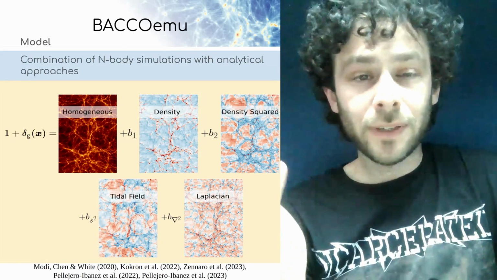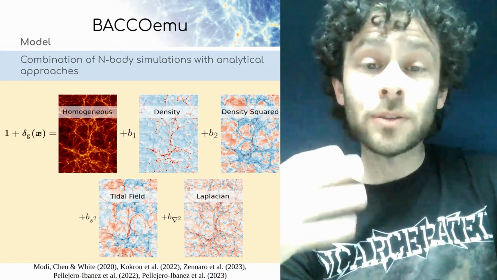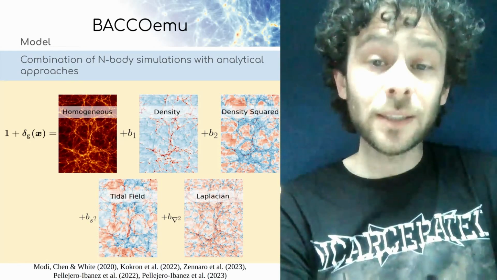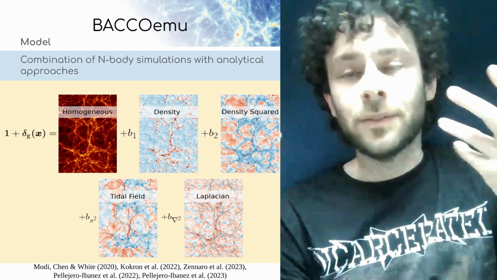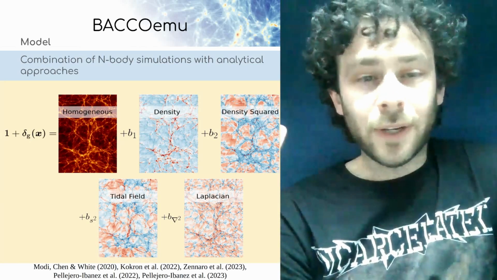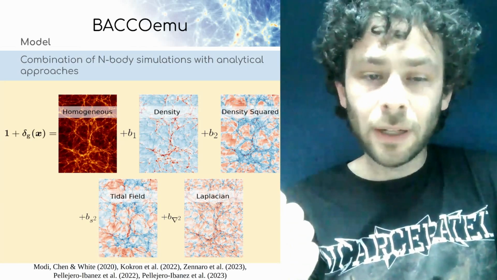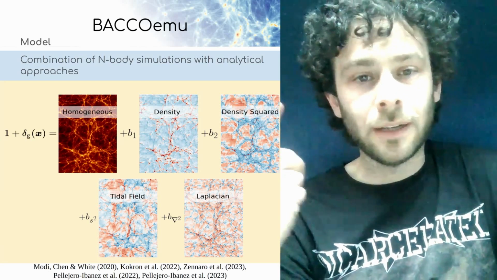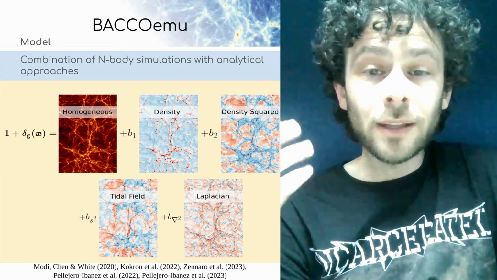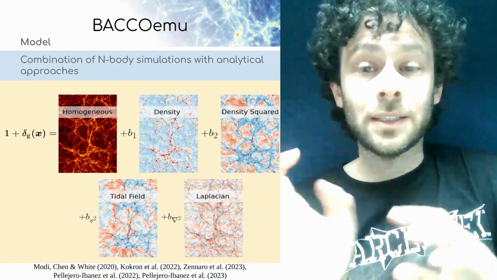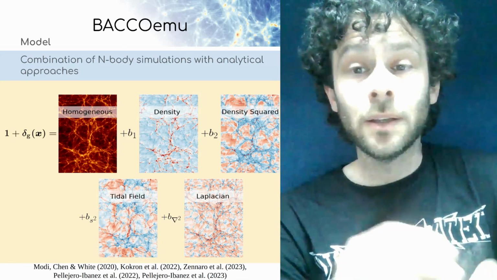We know, however, that galaxy formation also depends on different physical quantities than the density of dark matter. They depend, for example, on the tidal field and on higher order derivative terms. That's why there are two other fields as basis elements in this expansion.